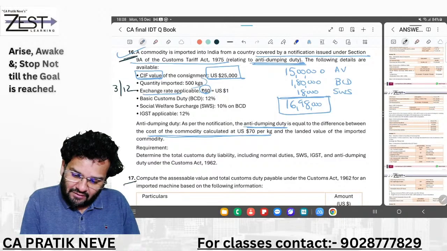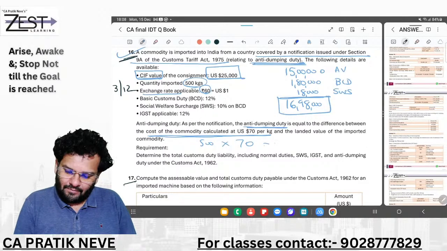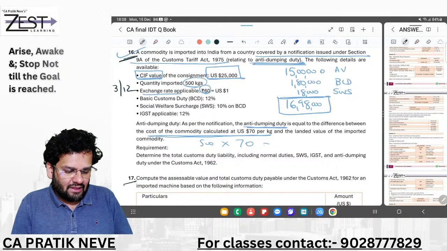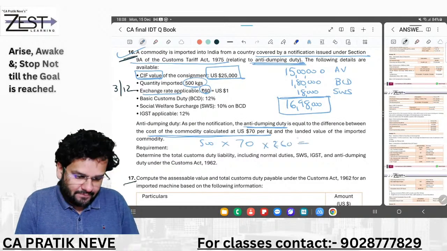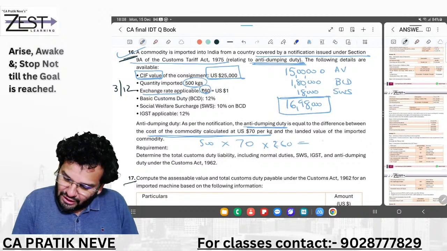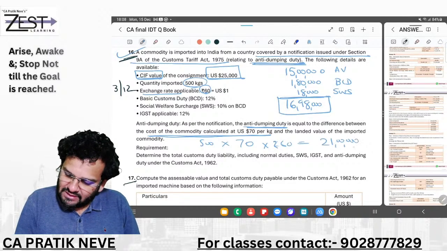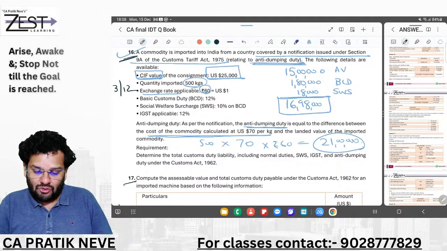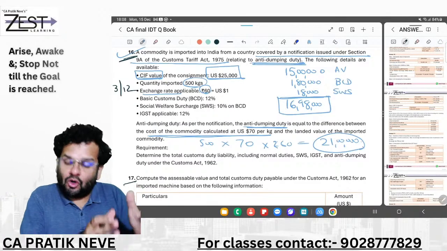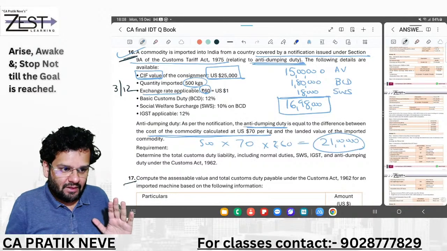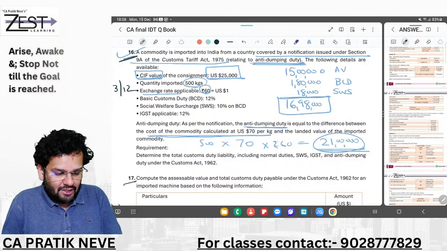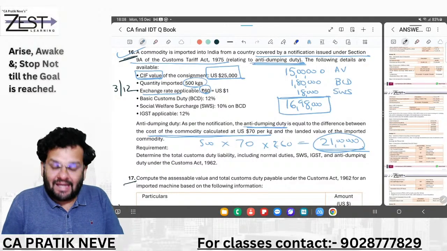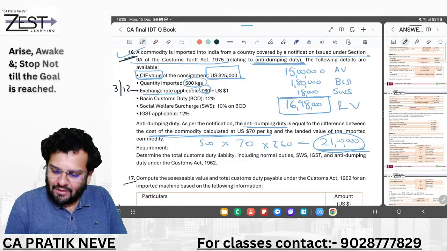So 500 kgs multiplied by 70 gives 35,000 US dollars, and into rupees 60 gives 21 lakh rupees. So 21 lakh becomes your cost as per the notification, but the landed value is 16,98,000.